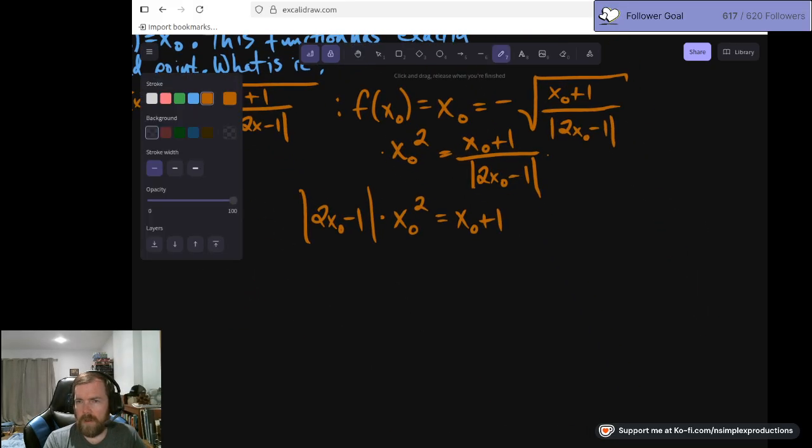Alright, x squared is always positive, so it's equivalent to the absolute value of x0 squared. So we can make this the absolute value of 2x sub 0 cubed minus x sub 0 squared is equal to x sub 0 plus 1.